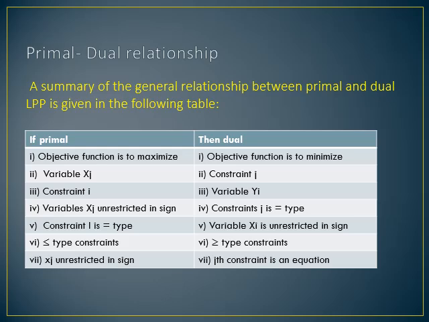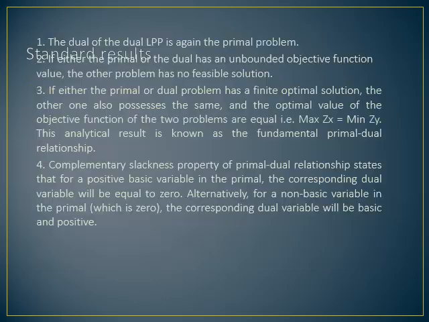If primal xj are restricted in sign, then dual constraint is an equation. The dual of the dual LPP is again the primal problem.